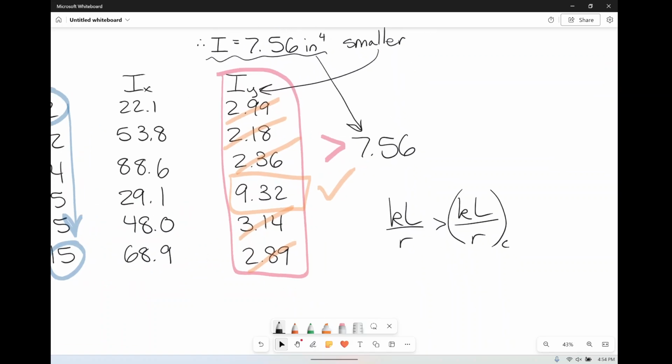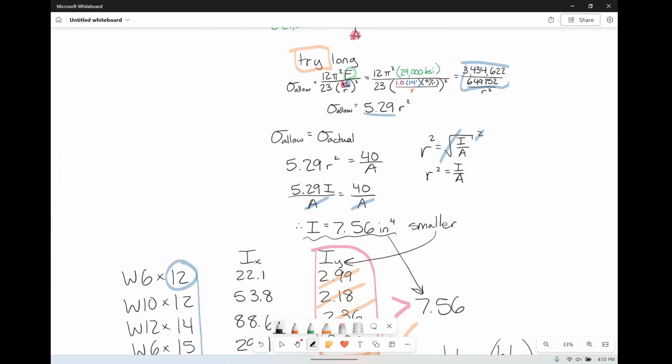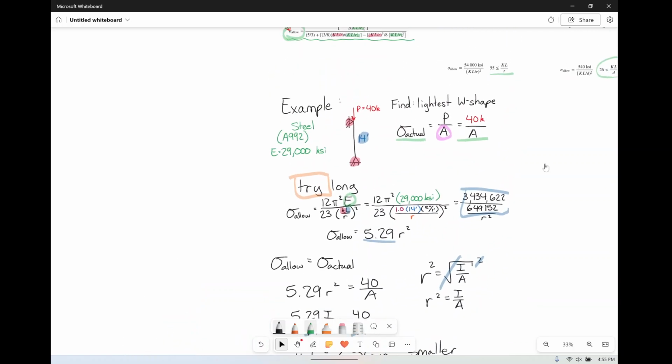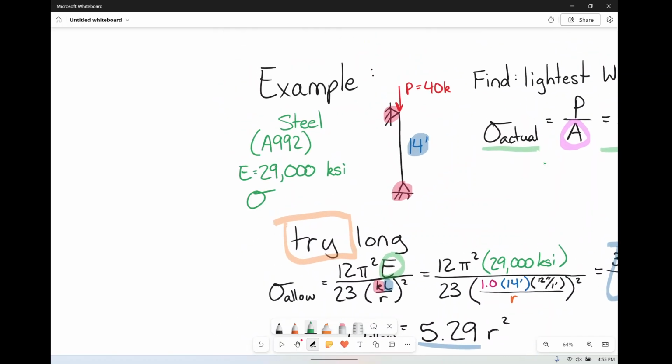Let's go check. So again, we said square root of 2 pi squared times E. E was 29,000 ksi. And you might be wondering, what's sigma yield? Technically, at some point in your life, you're probably going to remember this. If not, it's okay. But A992 has a yield stress of 50 ksi. That's its kind of magic.